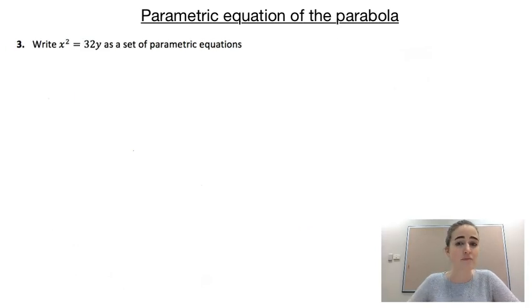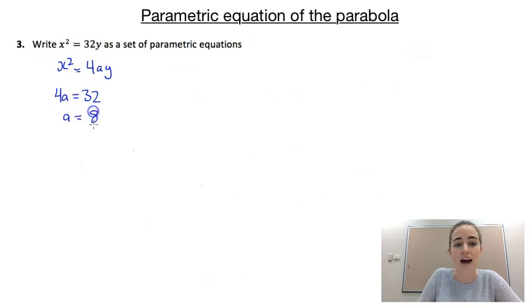For our third example, it's given us the equation of a parabola in Cartesian form, and it wants us to write it in parametric form instead. So to do that, we're going to recognize that this is in the form x squared equals 4ay, and we can use that to help us find what a is. So if 4a is equal to 32, because that's the coefficient of y, then a is going to be equal to 8.